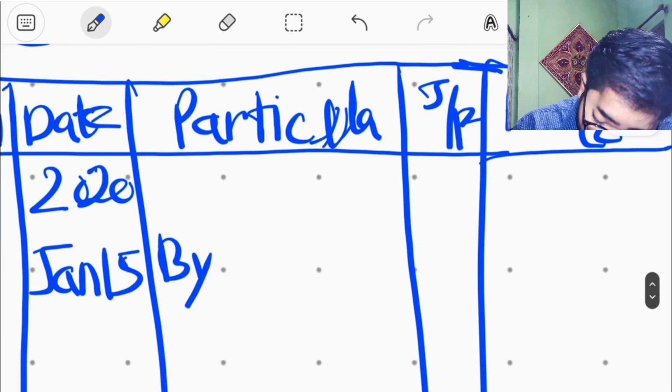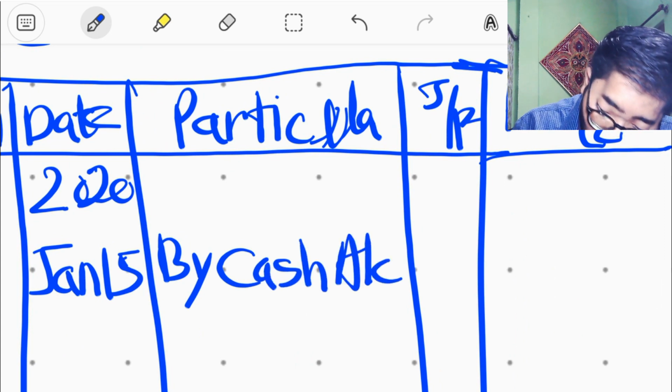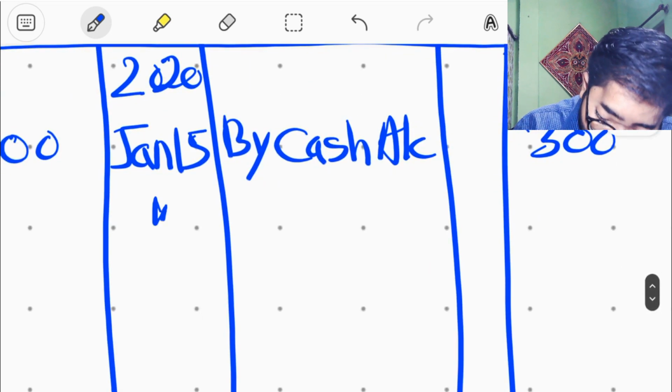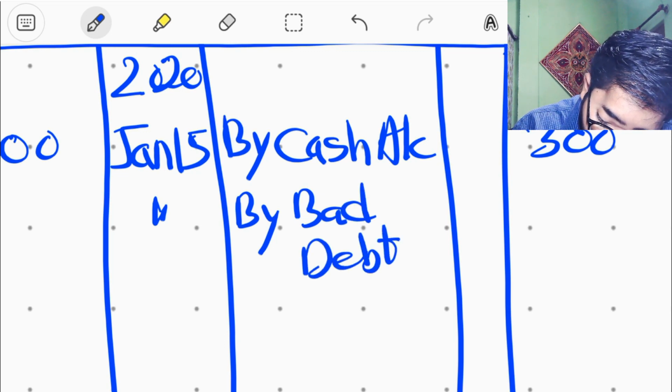By cash account. Cash account is debited for 300. And on the same date, by bad debts account.